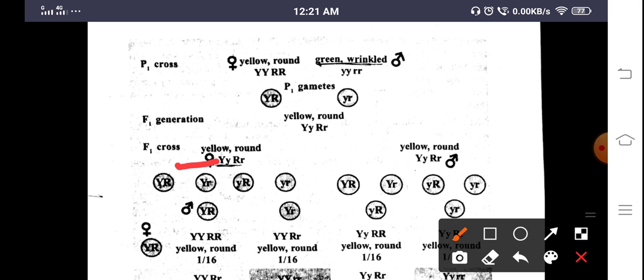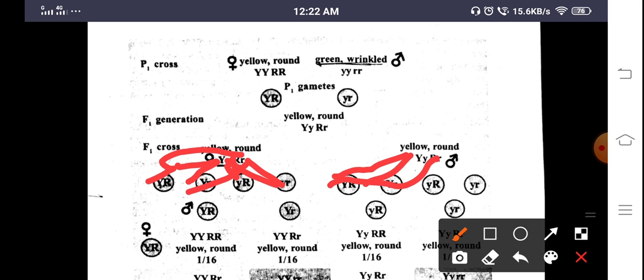Capital Y capital R, capital Y small r, small y capital R, small y small r. Same gametes: capital Y capital R, capital Y small r, small y capital R, small y small r. So these are the gametes.